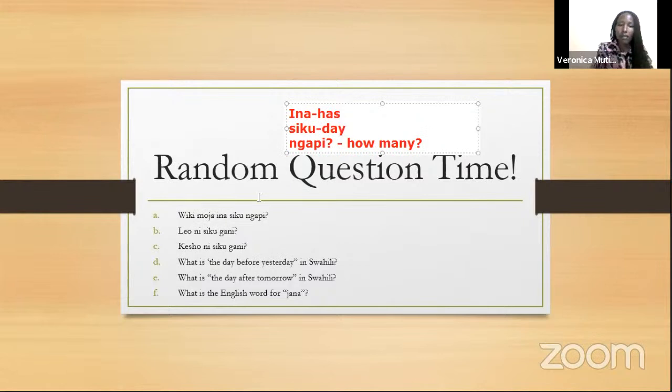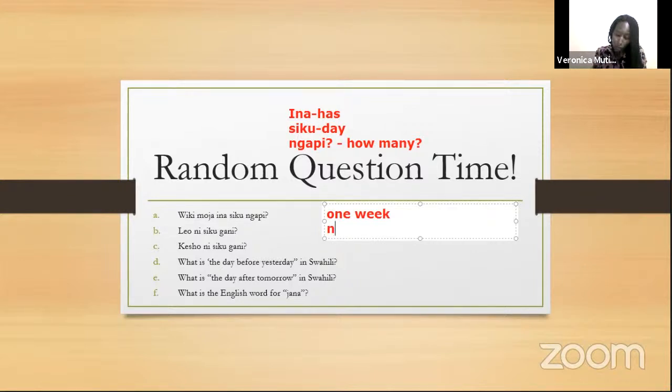And something else to note: in English, we say 1 week, because the modifier comes before the noun. But in Swahili, it's the opposite. We start with the noun, and then we go to the modifier.